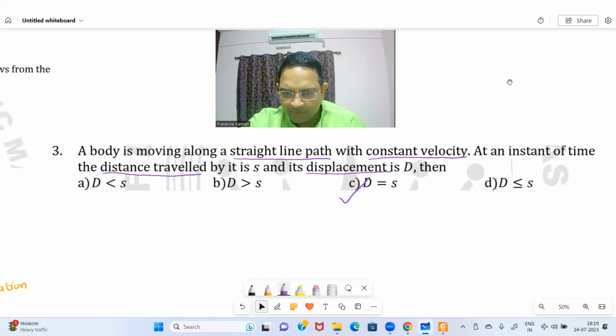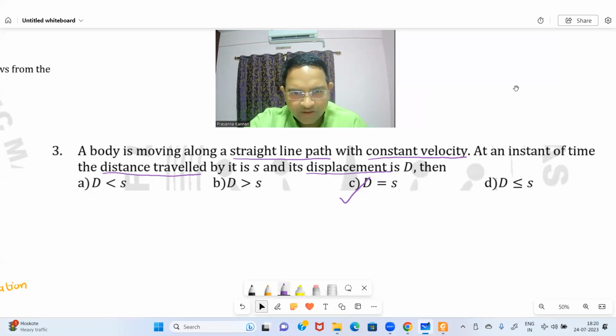Suppose the body is going to change direction, then what can you say about distance and displacement? I'll repeat my question.